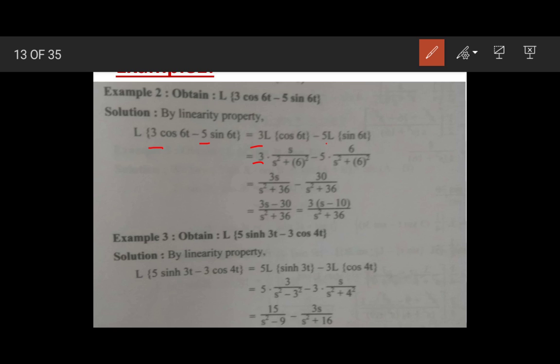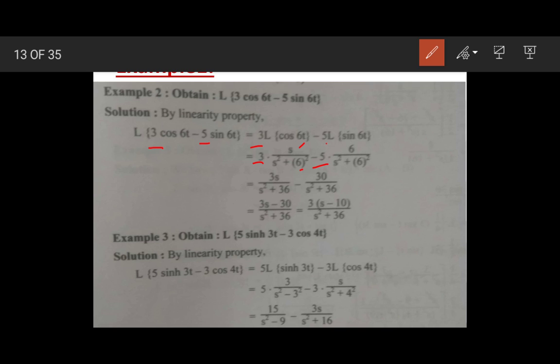So 3 into, now Laplace of cos 6t. Laplace of cos at is s upon s square plus a square. So Laplace of cos 6t will be s upon s square plus 6 square, minus 5 constant, so it will remain as it is. Then Laplace of sin 6t.